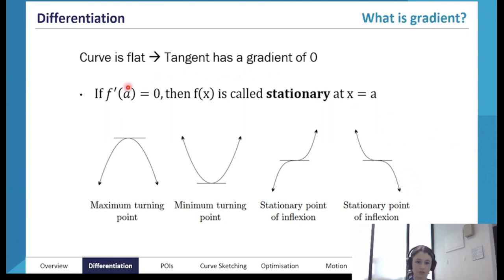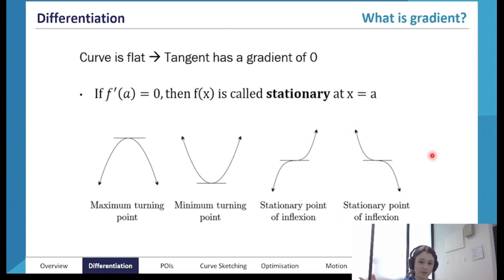In all of these scenarios down here, we have curves that have a gradient of 0 at a particular point. Here the gradient is 0, here the gradient is 0. Here we have this chair-shaped function, which you might typically see in a cubic polynomial. We have this stationary point of inflection in these scenarios as well.